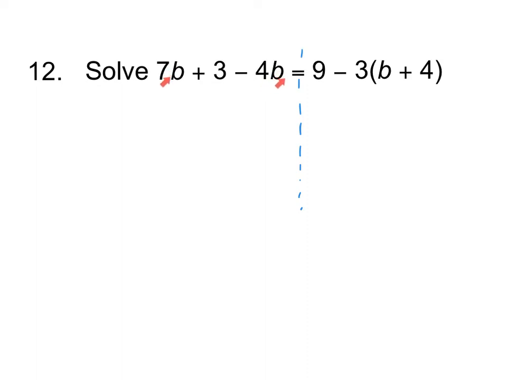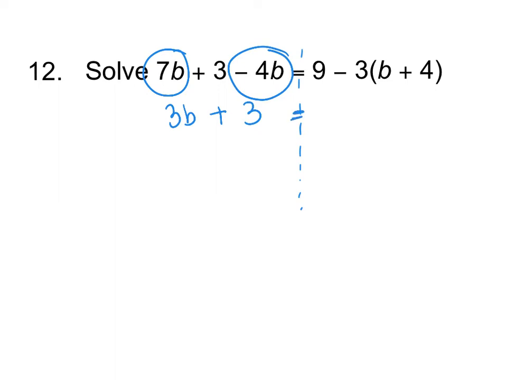So essentially what you're doing is changing the equation a little using what we call the commutative property, where you're just moving the order of the things around, right? So this one is really 7b minus 4b, combining like terms, is 3b. All I did is rewrite the left side.